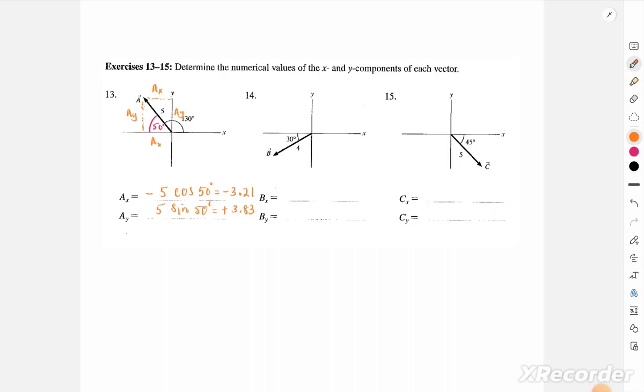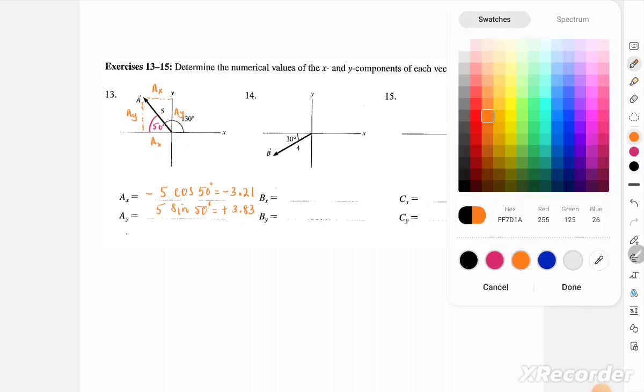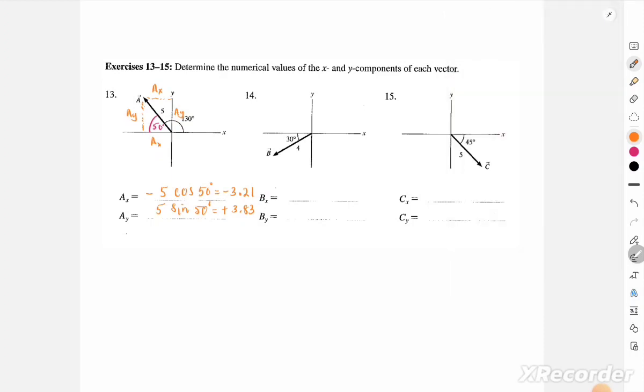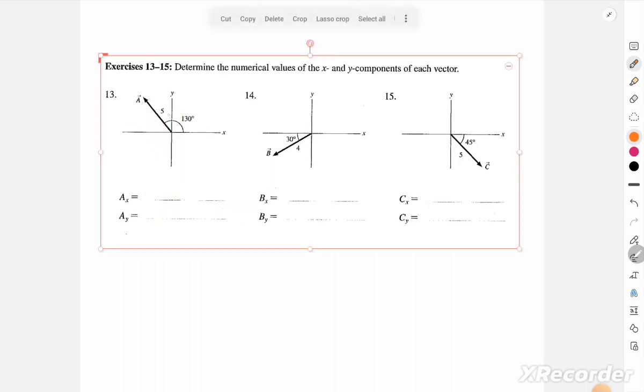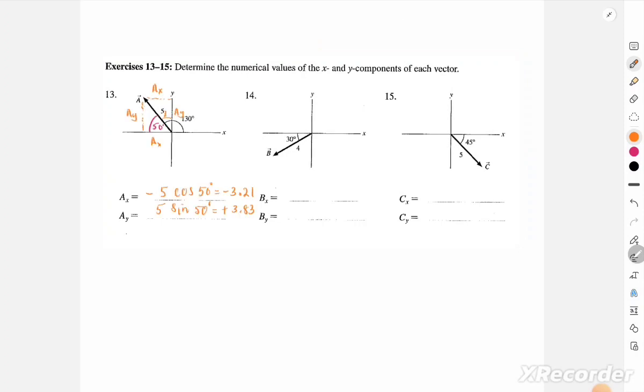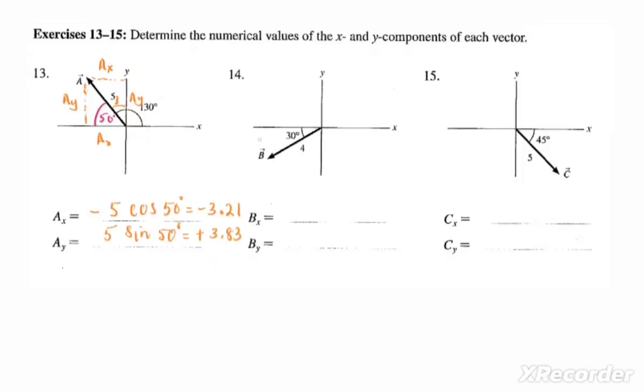And you can see that since this is 50 degrees, this has to be... and components.